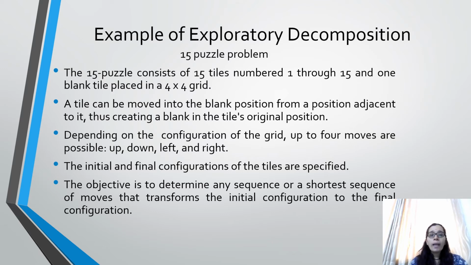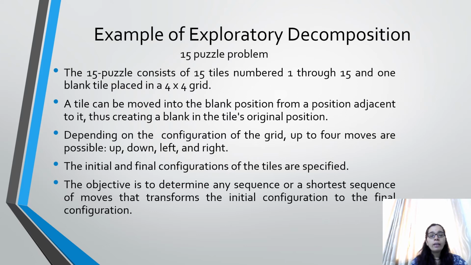And a tile can be moved into a blank position from a position adjacent to it, thus creating a blank in the tile's original position. Depending on the configuration of the grid, up to 4 moves are possible, that is up, down, left and right.